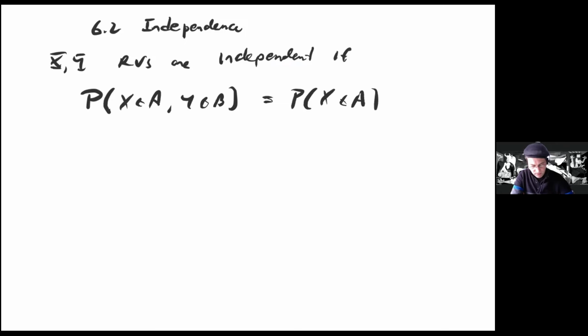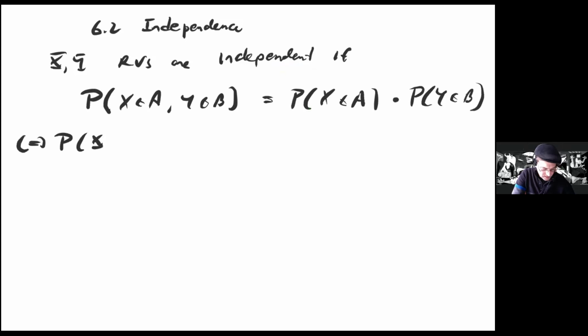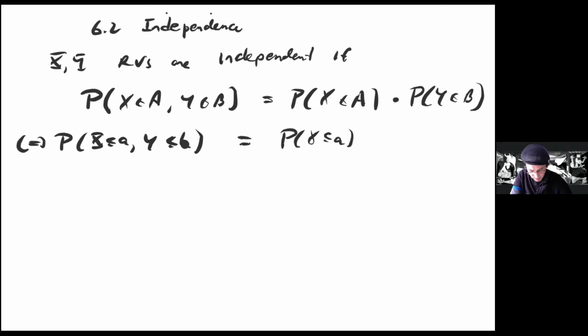That should be the same as the probability that x is in A times the probability that y is in B. In particular, this is actually equivalent, it turns out, to saying that x is less than or equal to a, y is less than or equal to b. So that would be the cumulative distribution function being given by the probability that x is less than or equal to a times the probability that y is less than or equal to b.